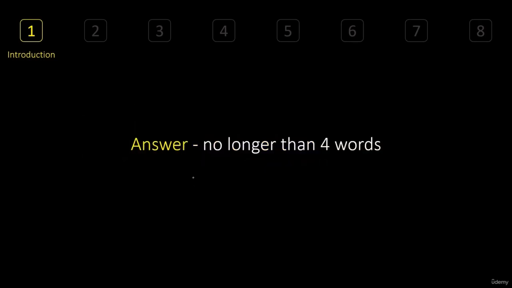The answers are no longer than 4 words. When they provide instructions, they'll say, answer in no more than 3 words, or no more than 2 words. So your limit will go to a maximum of 4 words. That's why they are short answer questions.